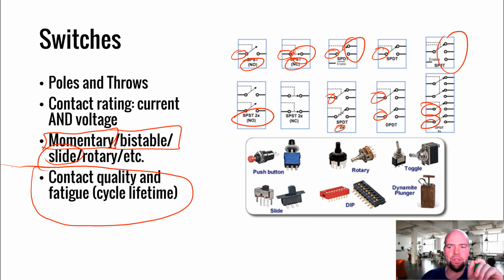Current actually flows the instant before those two pieces of metal touch, when they get close enough to each other that you have electrons jump the gap. And the distance between those two pieces of metal before that happens depends on the voltage that you're working with. So switches are quite often rated based on voltage.